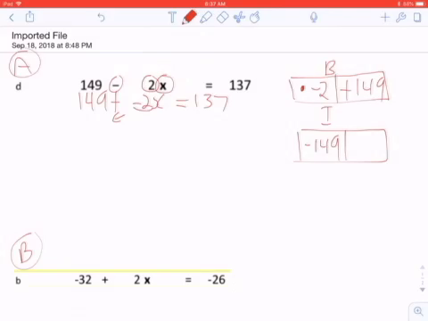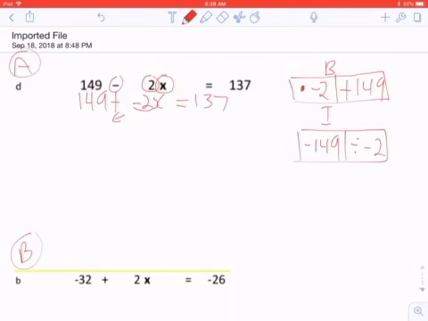And then what is the inverse of multiplying by negative 2? Again, it's about the operation, not the number. The number doesn't change, the operation does. So the number is negative 2, and we're going to divide by negative 2, and that's going to be our inverse.